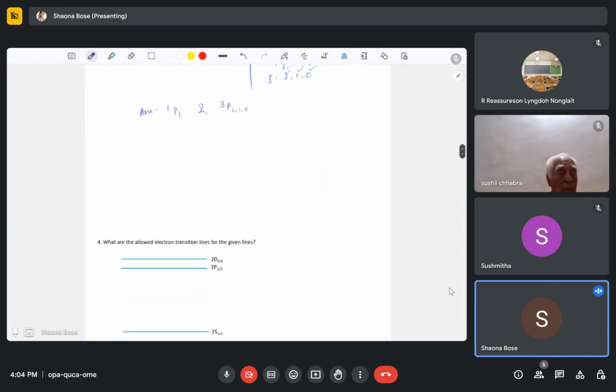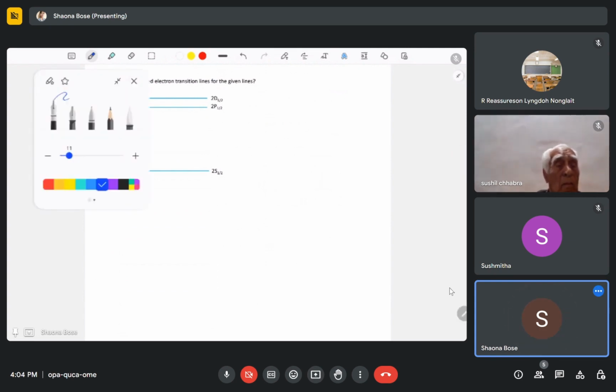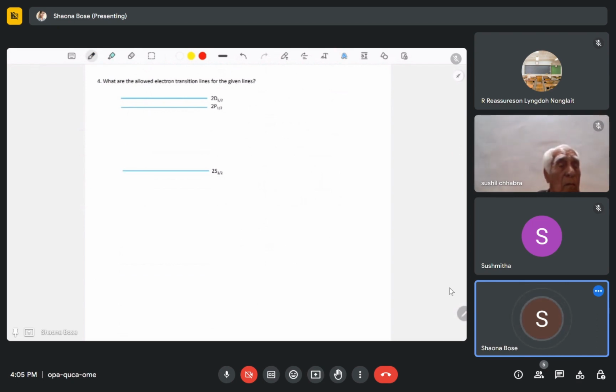Okay, so let's look at our next question. What are the allowed electron transition lines for the given, not lines, but states? Given energy states.